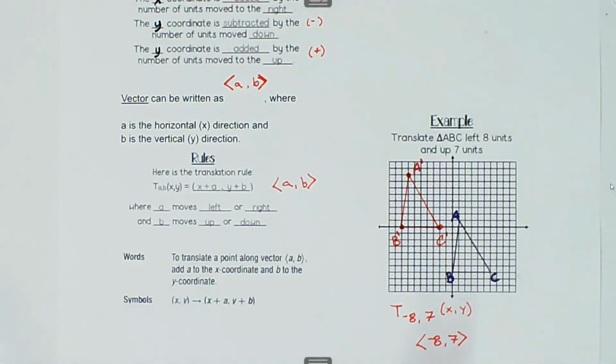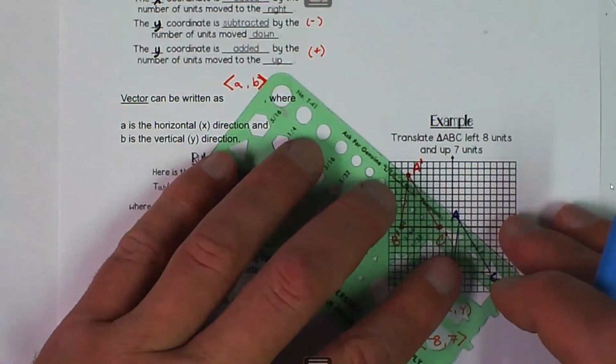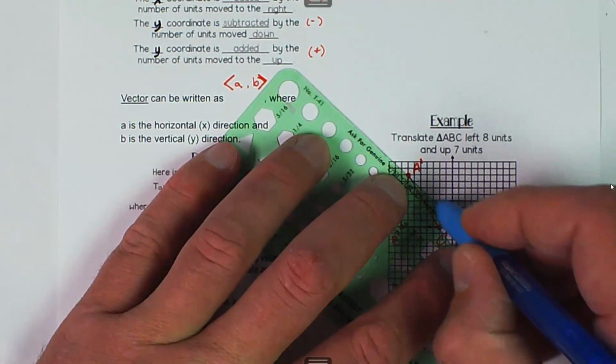There was a part that said the segment is parallel to the vector, or how it moves. So the vector moved like this.